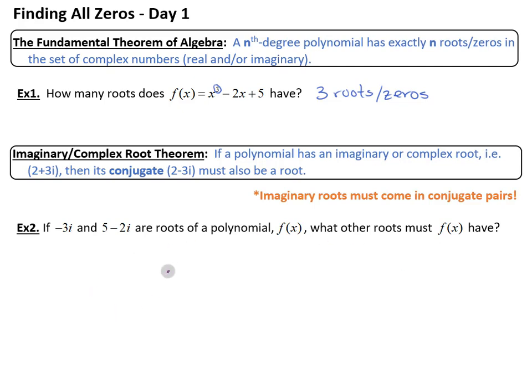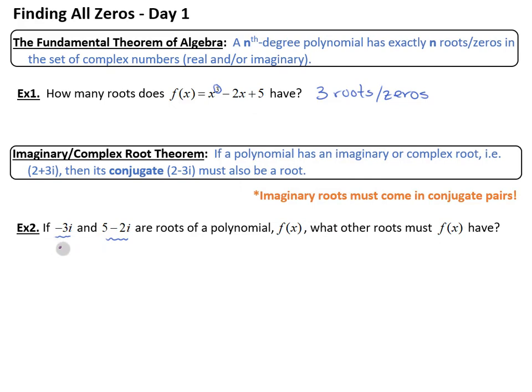Okay, so let's try this out with an example here. It says if negative 3i, which is imaginary, and 5 minus 2i, which is complex, are roots of a polynomial f of x, what other roots must f of x have? Remember, if it has an imaginary or complex root, then its conjugate must also be a root.